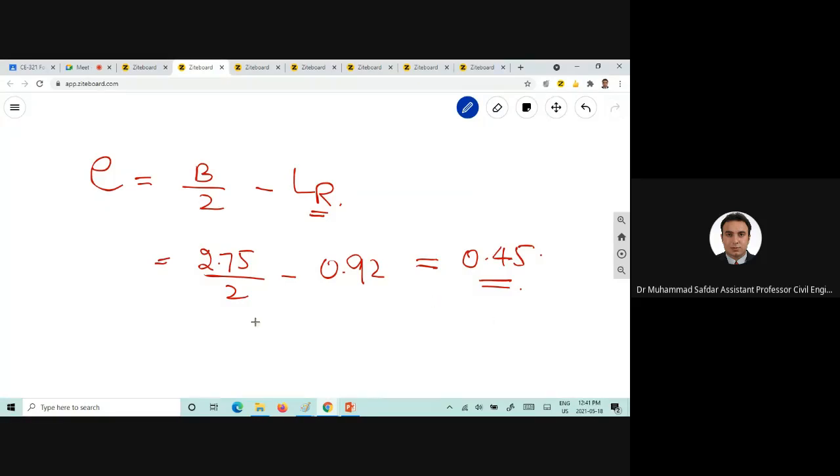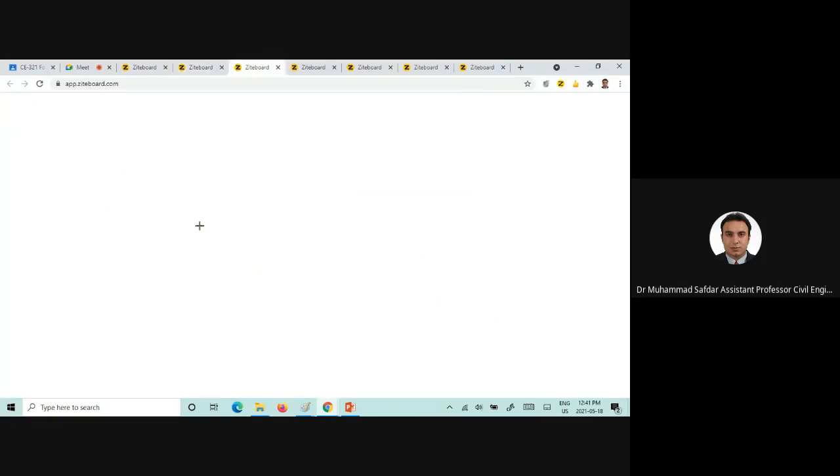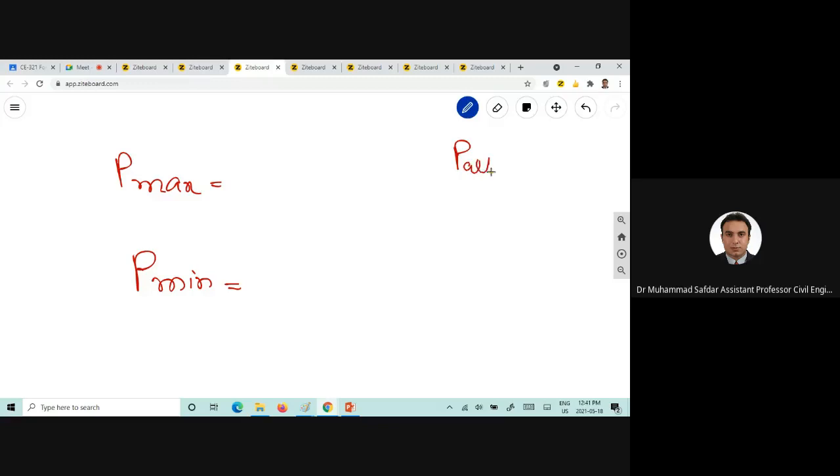Okay, and how about the pressures there, the P maximum base pressure and the minimum base pressure? Please remember that the allowable bearing capacity was 250 kilopascal. So we need to look for the value of the P maximum, which is the maximum base pressure.